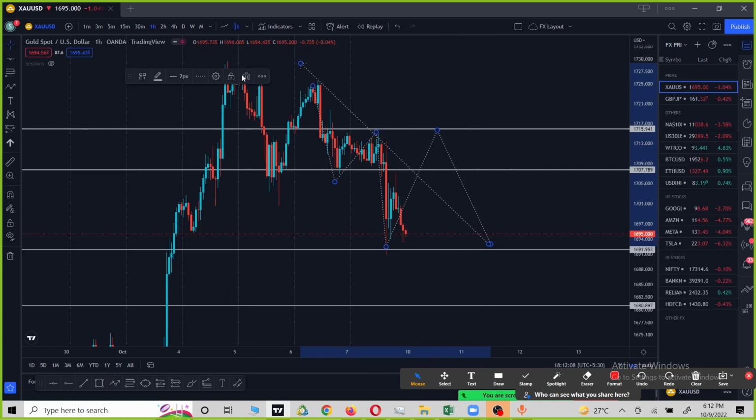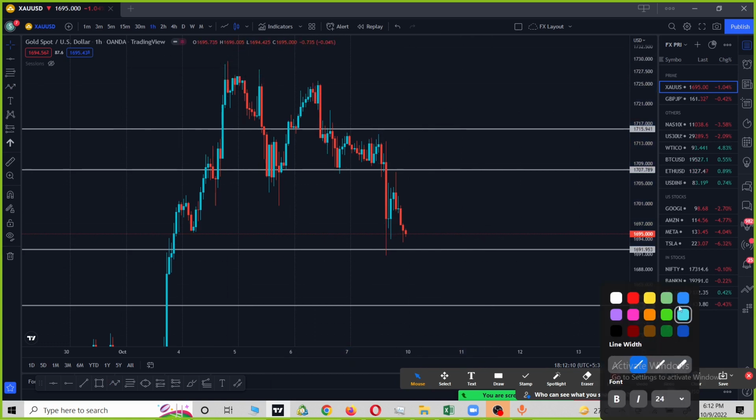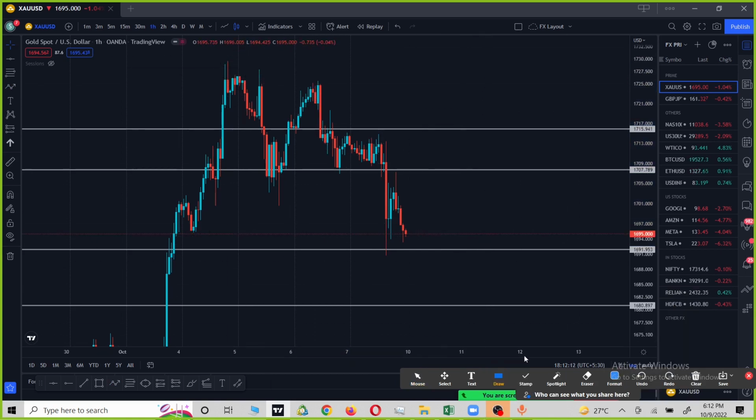So what can also happen is, suppose price keeps on going higher and we do not find resistance in this area, although this zone is acting as a resistance right now, and if the price closes above that area, this zone can act as a support. So that's going to be another possible trading opportunity, but I don't want to talk about that right now, because that's going to be counter trend trading.